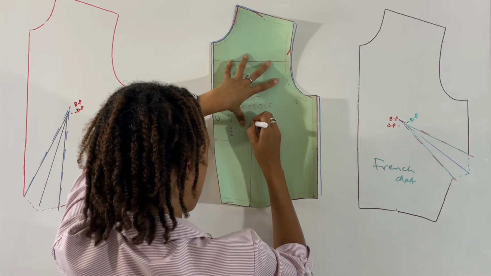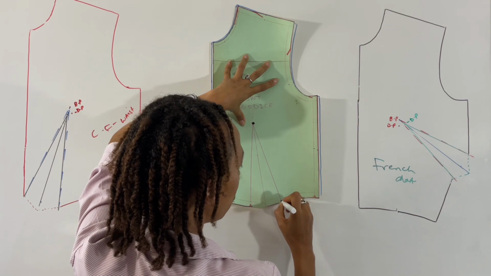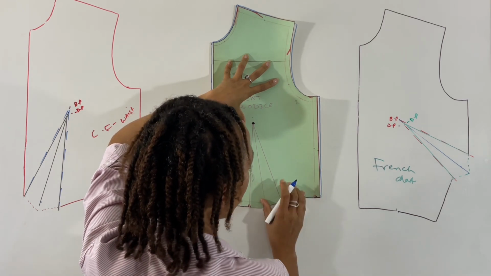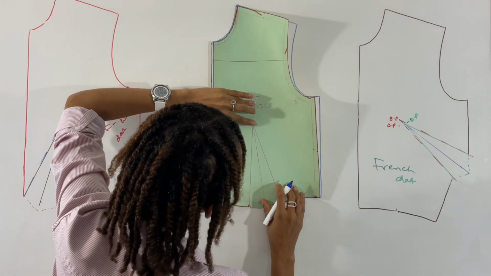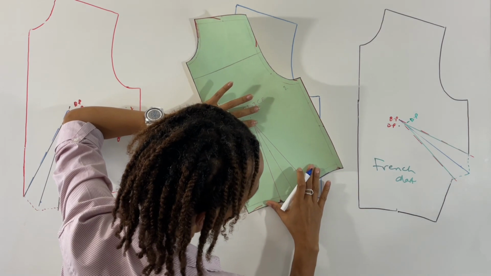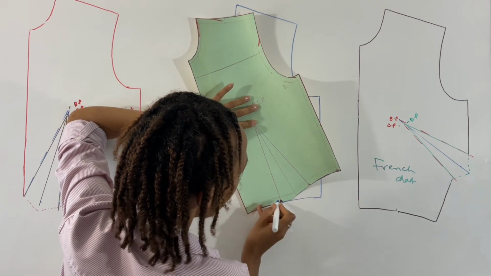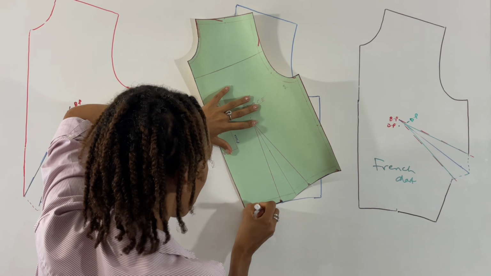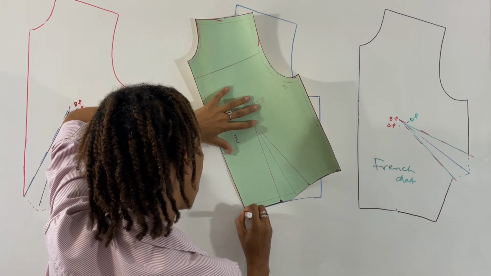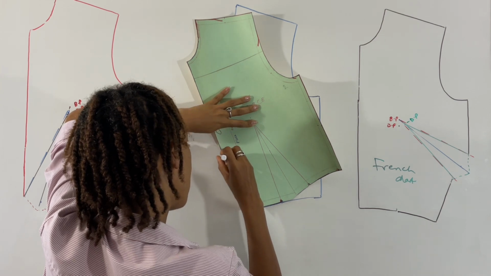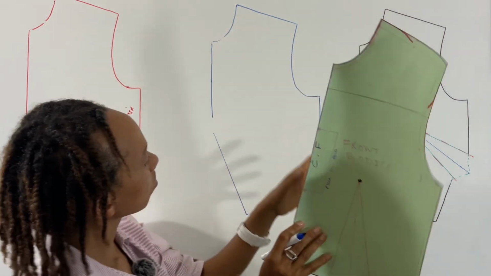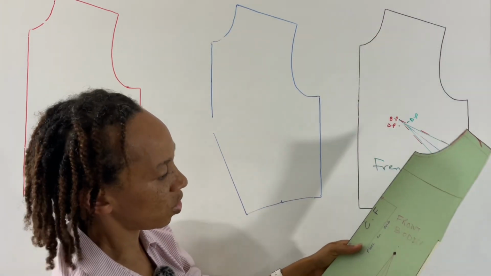Okay, place your point there. You are going to come to this area, place your finger or your tack right there, and pivot this to close it right there, and then you trace to the end and trace up to that mark.